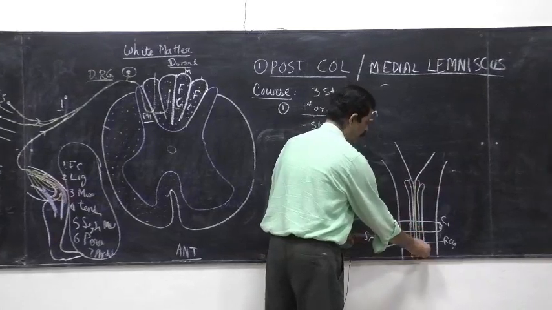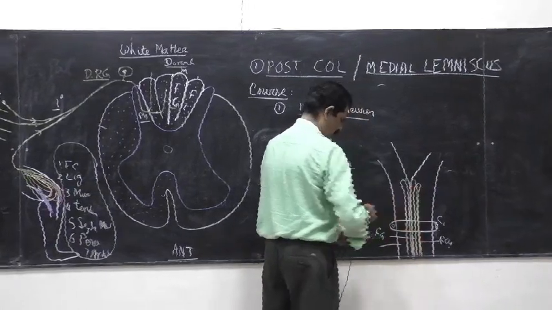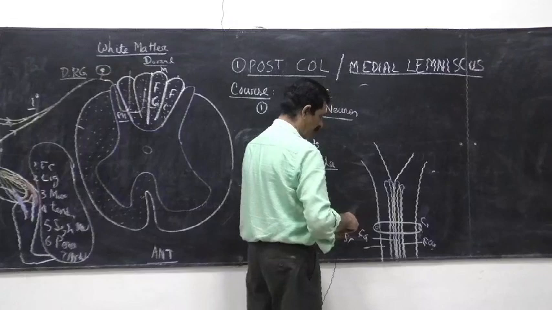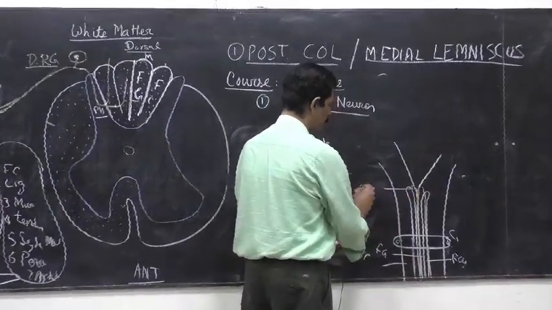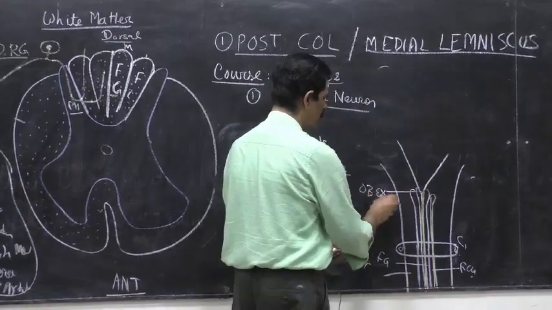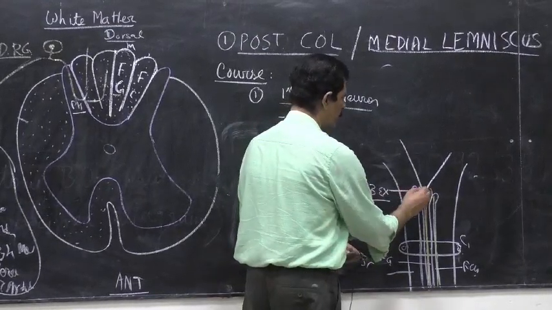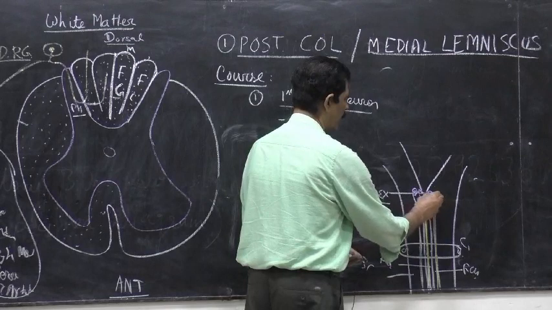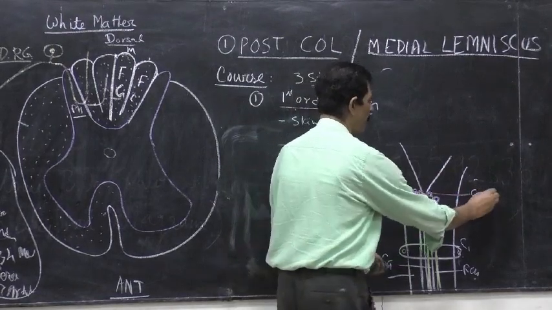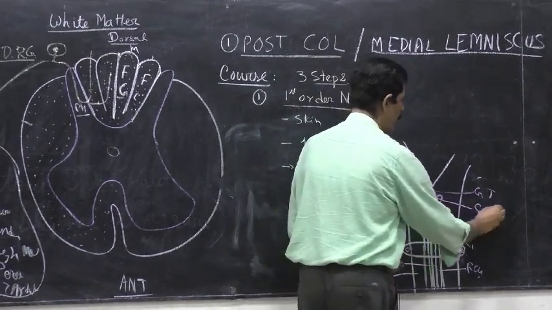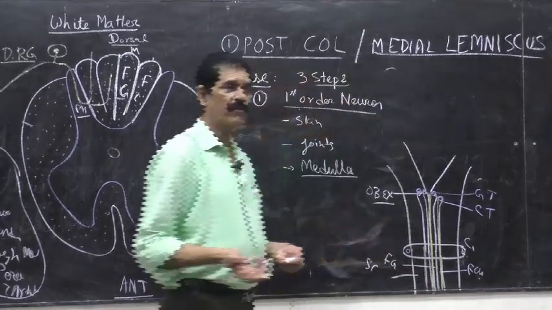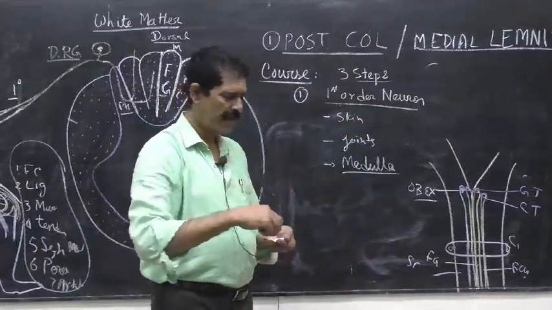Now at the level of the obex of the medulla, we know there are two tubercles, the gracile tubercle and lateral to it the cuneate tubercle. They are made up of grey matter. Now white matter will end into the grey matter.